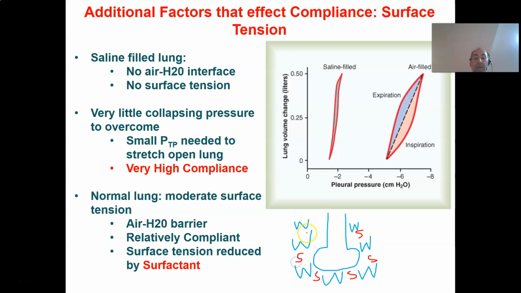Therefore, the attractiveness from one water molecule to the next decreases, and that means that the collapsing pressure on the alveolus decreases. So then it's easier to take in a breath. And the bigger the breath you take, the more the type 2 alveolar cells make surfactant. So you have more surfactant available, and it's easier to take a breath.